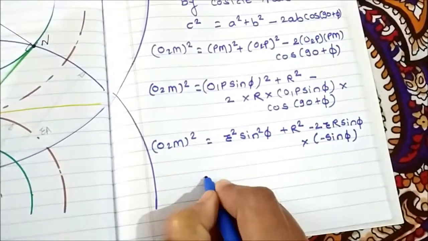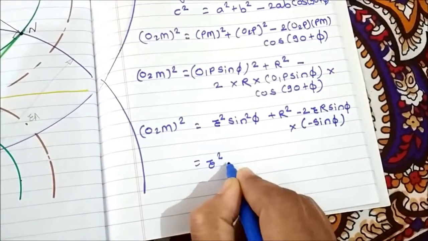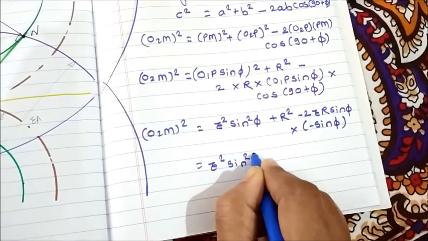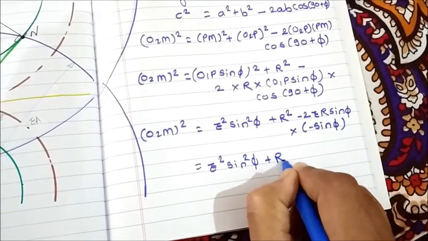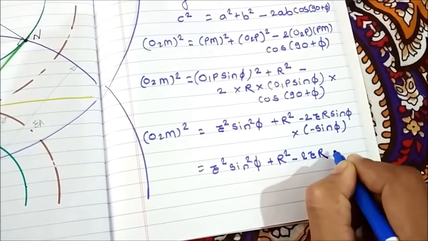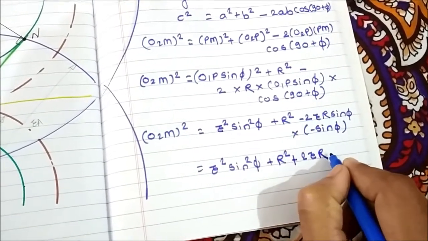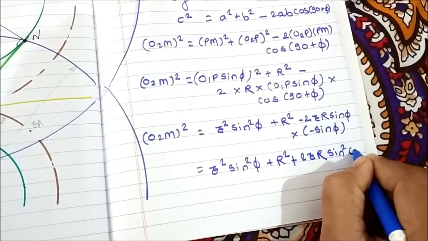So r square sine square phi plus R square minus 2rR, and this minus minus becomes plus, sine square phi.